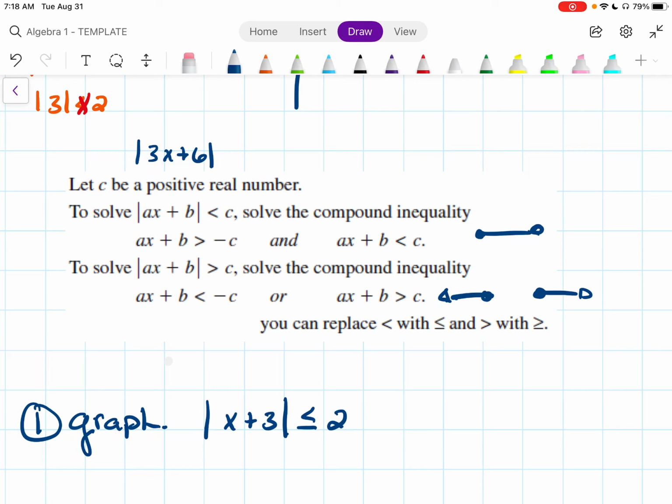If we have the absolute value less than c, we solve the compound inequality with the absolute value bars removed, with it greater than negative c and less than positive c. The thing there is that we have this symbol and the word and.